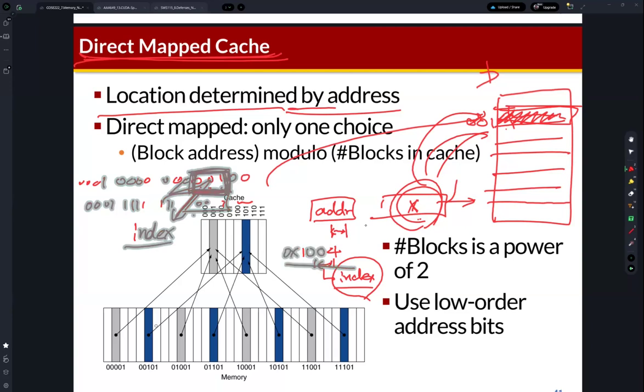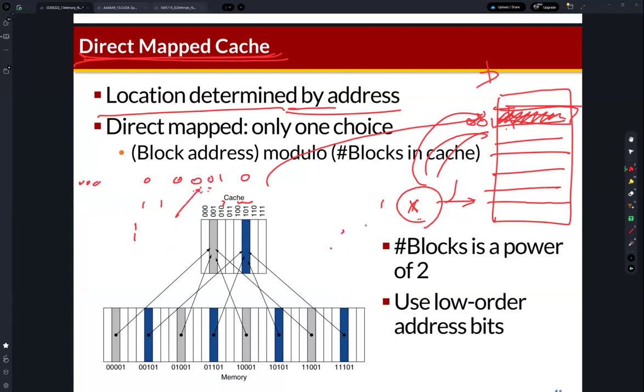This figure shows the concept of the direct mapped cache. These are the cache indexes. This is the cache, and this is the main memory. The main memory address is 5 bits, and the cache has 8 entries, so we can use 3 bits as the index of the cache.